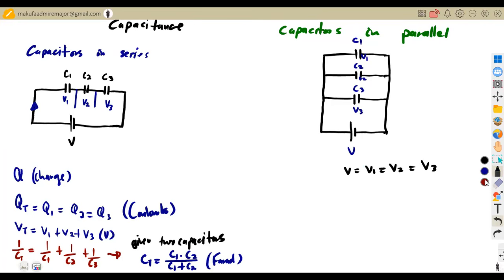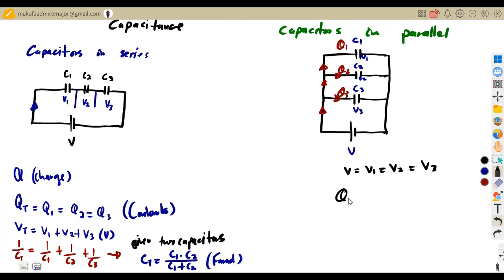But let us take note, if we are talking about current, from our understanding of resistors, we know that current branches in each and every branch. It is the same condition in terms of charge. There is going to be the charge across C1, the charge across this, the charge across this, and we've got the total charge of the circuit.